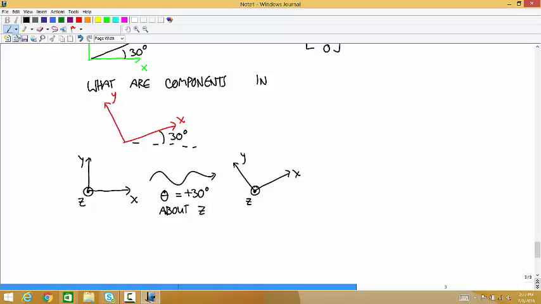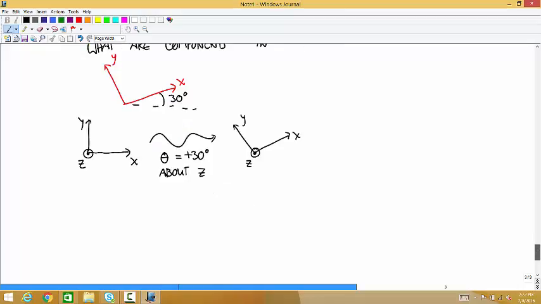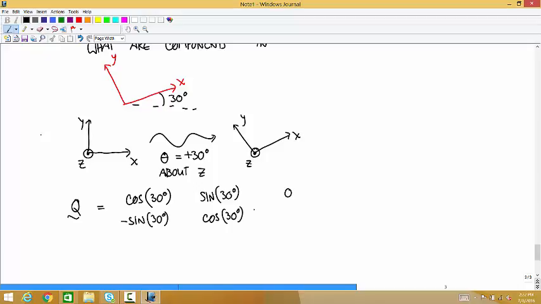Okay, so that means that the rotation matrix is equal to cosine of 30, sine of 30, 0, negative sine of 30, cosine of 30, 0, 0, 0, 1.